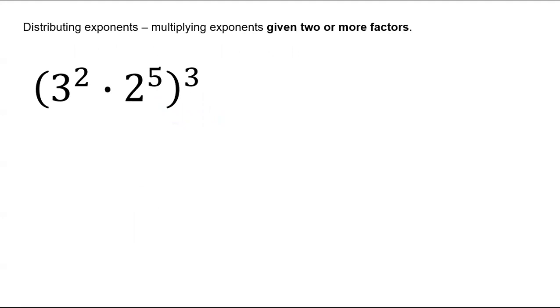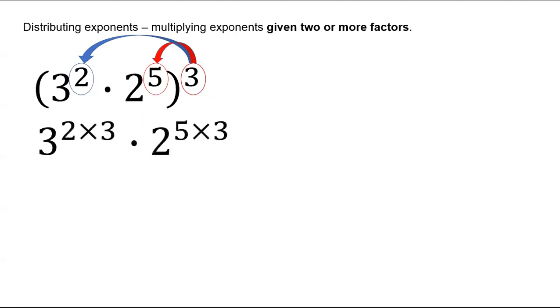Basically, I will still take this 2, multiply it with that 3, then take the 3, multiply it with the 5. And you will end up having 3 to the exponent of 2 times 3 times 2 to the exponent of 5 times 3.